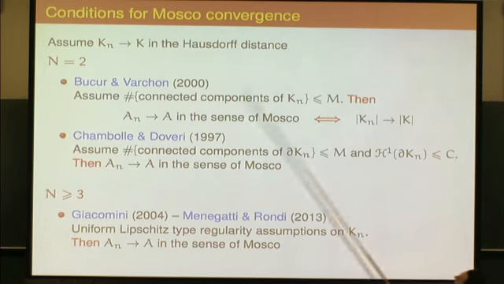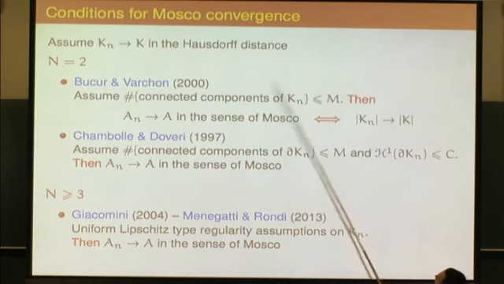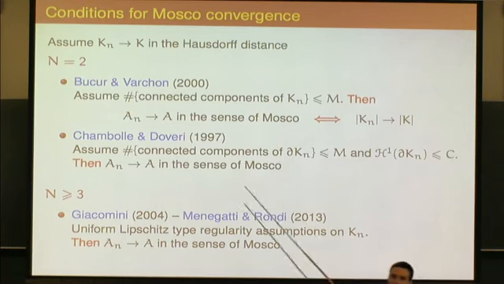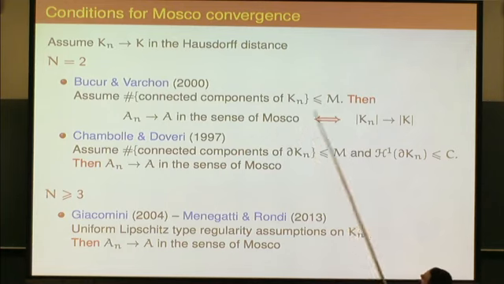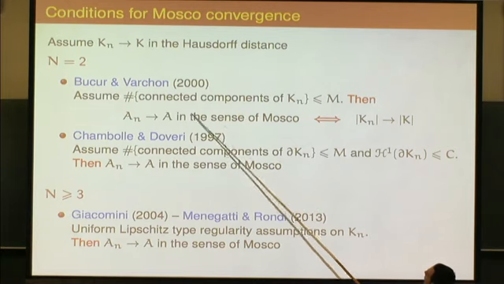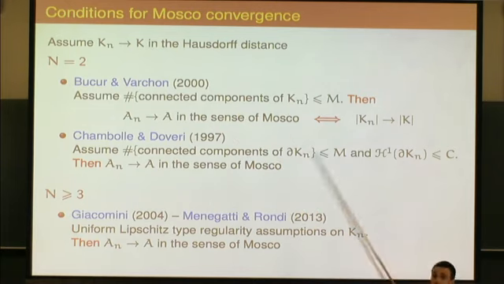So you assume that K_n converges to K in the Hausdorff distance, and then you would like to find conditions for Mosco convergence. In dimension 2, the situation is pretty well understood, and there is this result by Bucur and Varchon that says the following. The key point in dimension 2 is that the number of connected components is bounded.